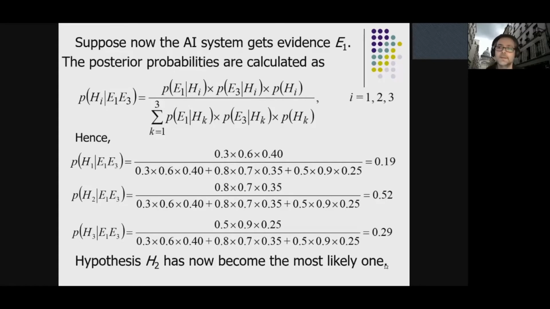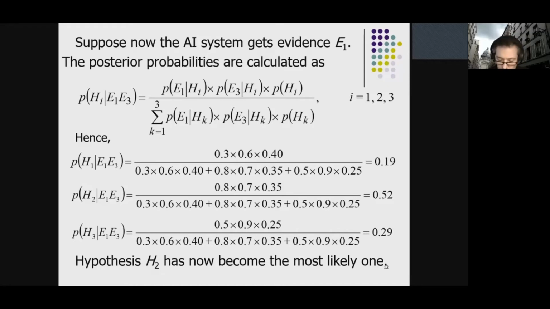What that means is that in the second iteration, the system actually starts believing that H2 is the most likely hypothesis. The information that the system has received from the environment, from its sensors, which has been represented by these two events, E1 and E3, now tells the system that, look, the situation has changed. Probably what is currently happening is H2.